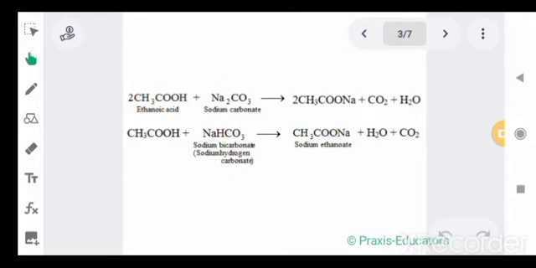The same thing goes for this organic acid called ethanoic acid. It reacts with sodium trioxocarbonate(IV) to liberate carbon(IV) oxide gas, and sodium ethanoate, a salt, is also formed. In the second case, we have sodium hydrogen trioxocarbonate(IV) reacting with ethanoic acid. Among the products, we have sodium ethanoate, and carbon(IV) oxide is also liberated.